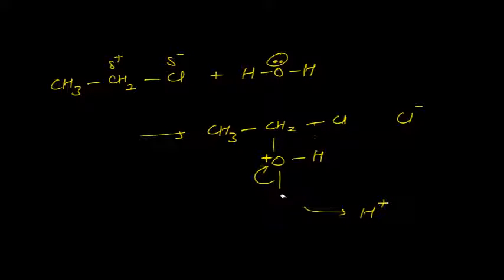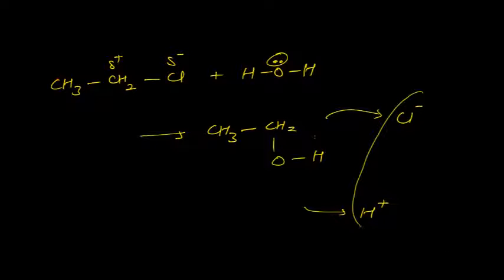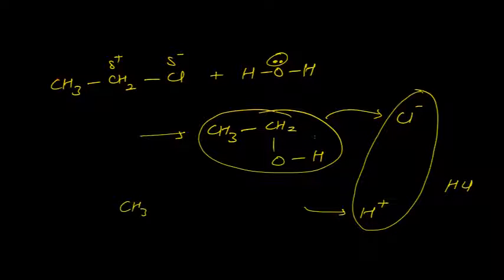So effectively, now you don't have hydrogen here. You don't have positive charge here because hydrogen has provided both of its electrons. You don't have chlorine. Chlorine has moved away. Then this proton and chloride combine to form HCl, and here we get CH3CH2OH.